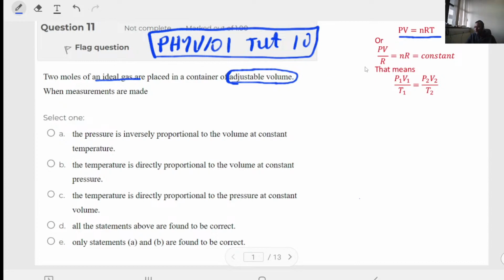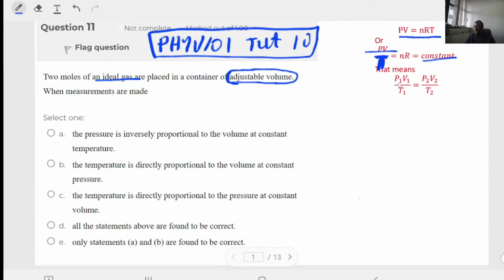Therefore, from this equation, I could write PV over T... no, this is not true. That equation is not right. I can't edit it. Rather, this equation is supposed to be PV over T equals nR. PV over T equals nR. That means it is constant.